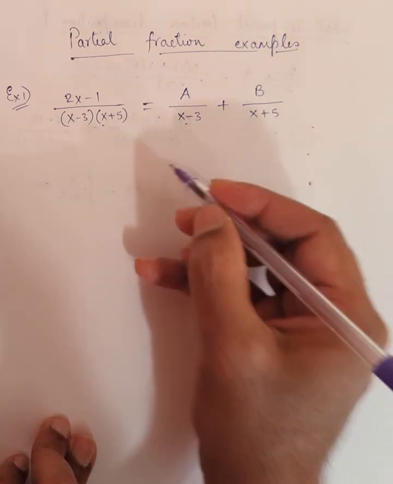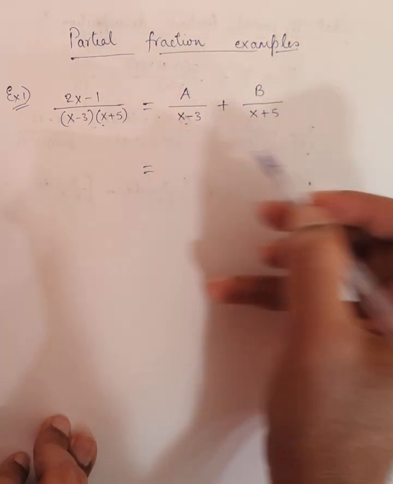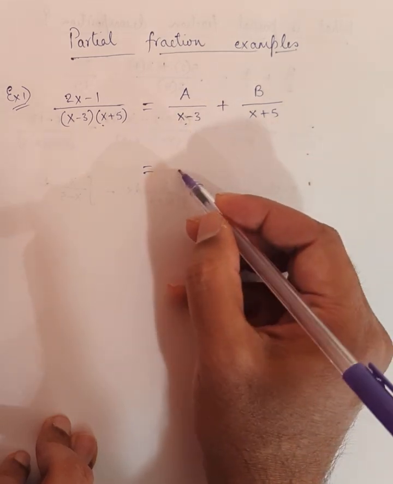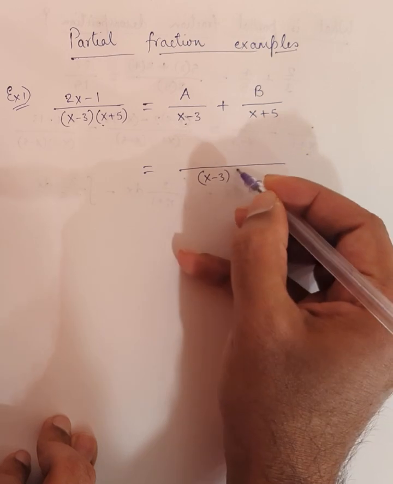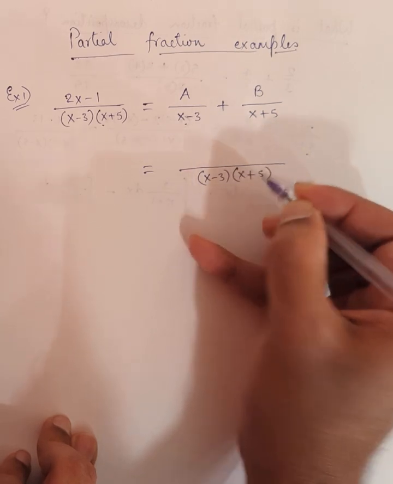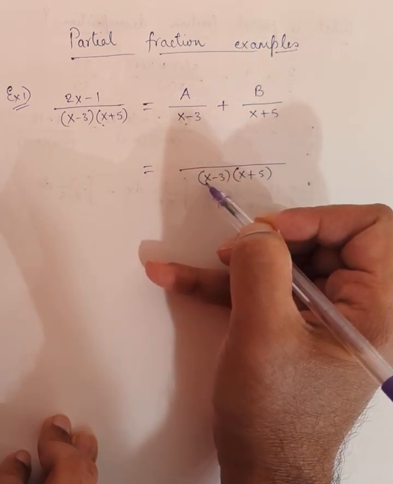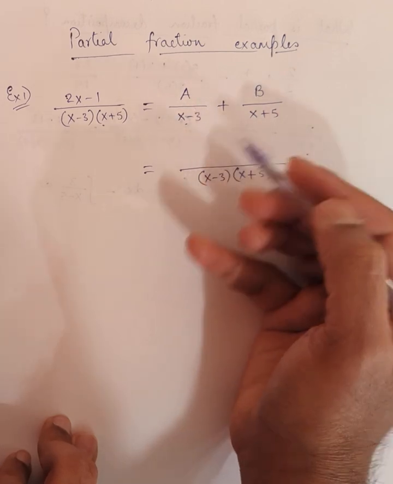Now what we notice is we can simplify the right side. We take the common denominator, x minus 3 and x plus 5. You divide each of these into that and then multiply with the corresponding numerator.